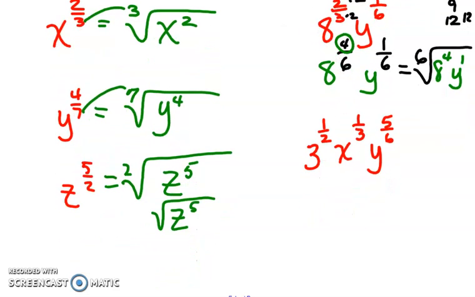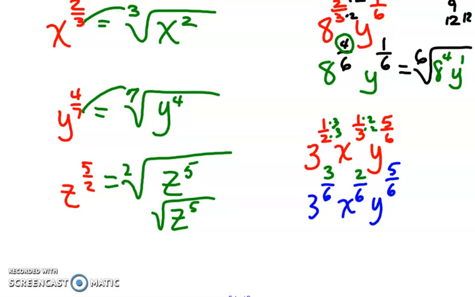Hopefully, like the previous problem, you chose 6 as the common denominator with 3 bases. So the y exponent will not change. The x exponent, we will multiply both numerator and denominator by 2. And for the 3 exponent, we would multiply both of those by 3 to get everything in 6.